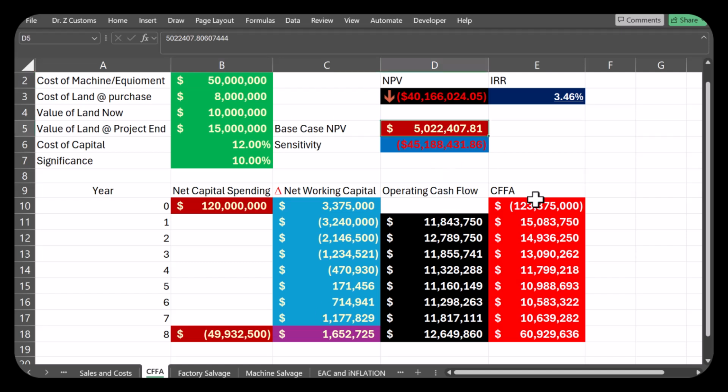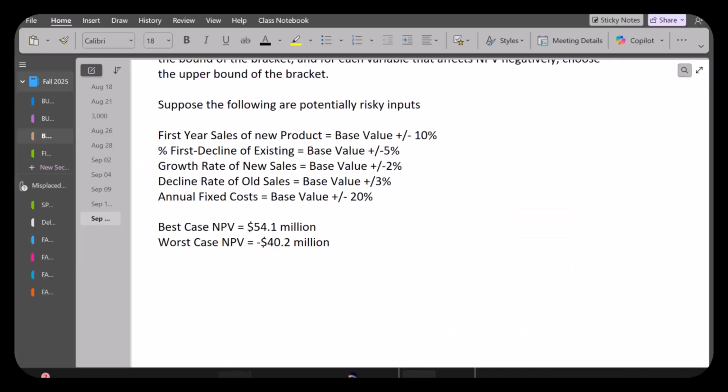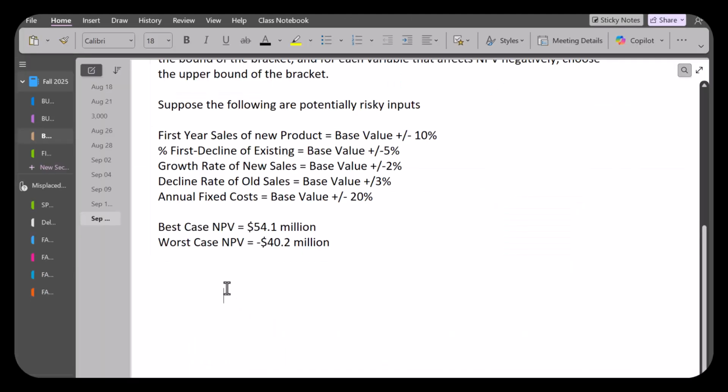I'm on the iffy side, so I may even decide, okay, I'm not going to take the risk. But there are factors that we have not considered yet, and these are called real options, also known as managerial options.